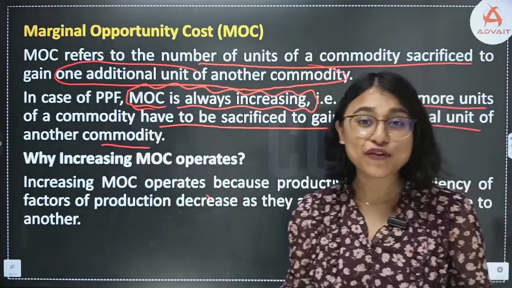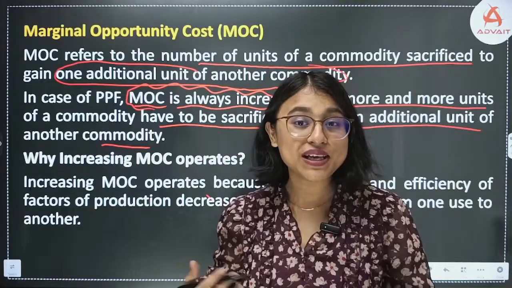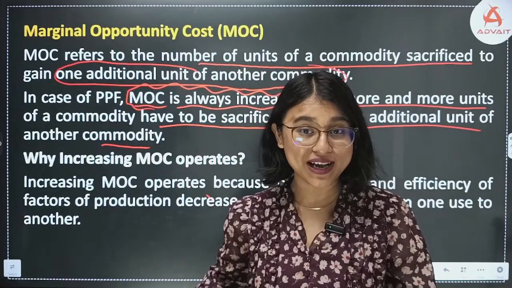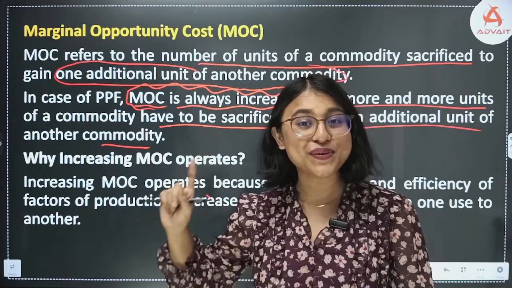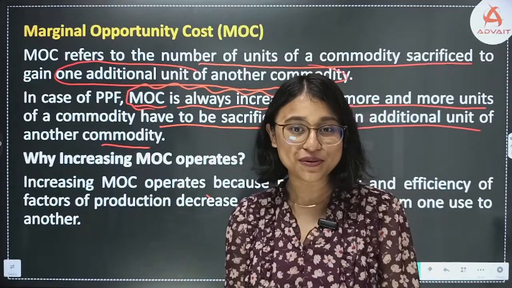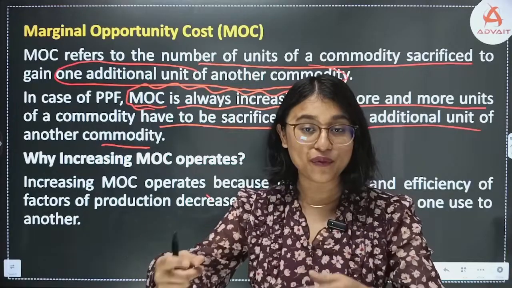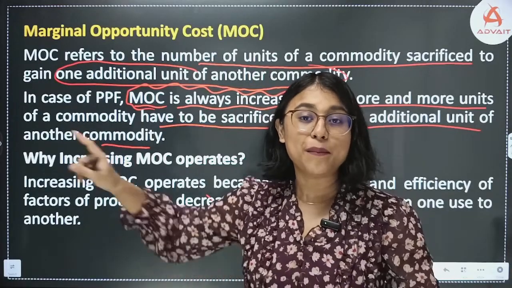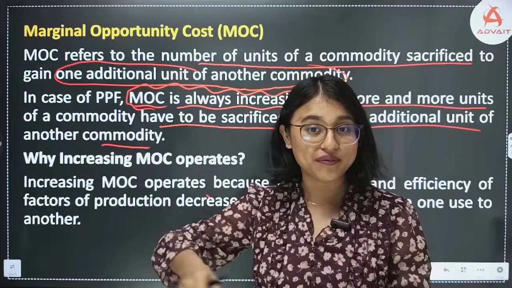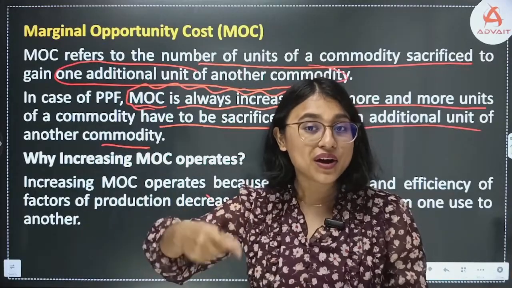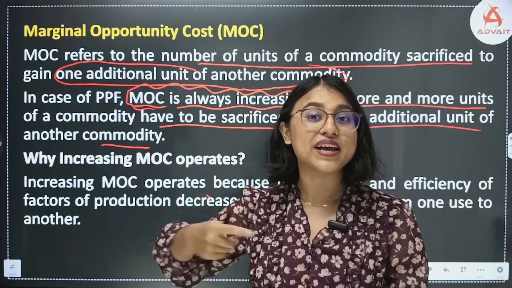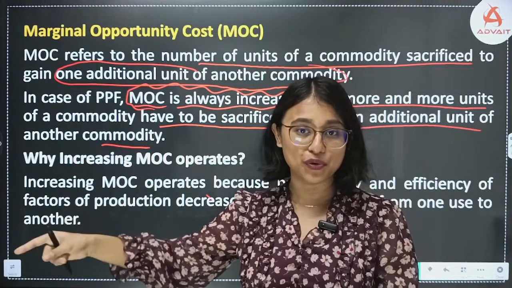Like I have already said, sacrifice আমি কি কৰিব লাগিব, বেছিকে কৰিব লাগিব, কিন্তু gain আমি কি কৰি আছো, অকল এটা unit of the commodity কৰি আছো. So what does this mean? We are sacrificing more. When we are sacrificing more, marginal opportunity cost is always increasing because more and more is being sacrificed to gain an additional unit of another commodity.